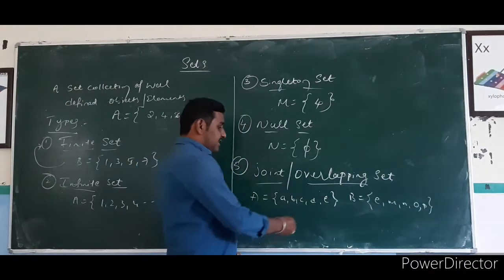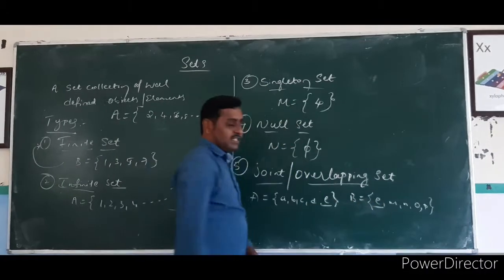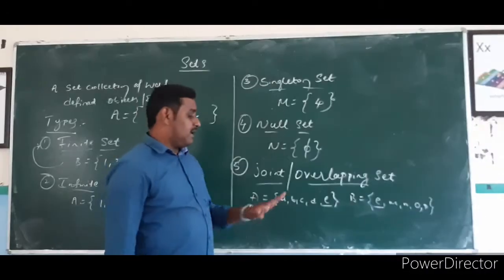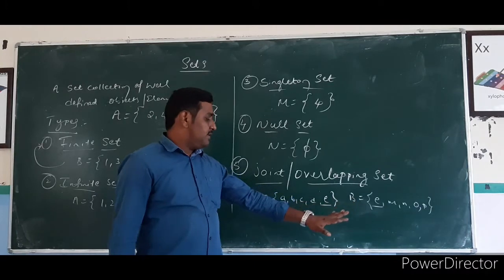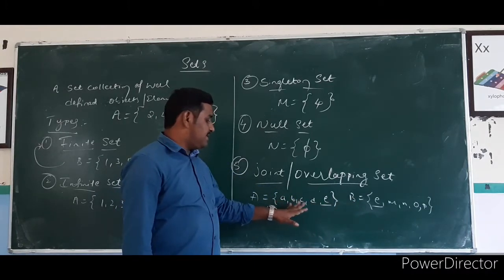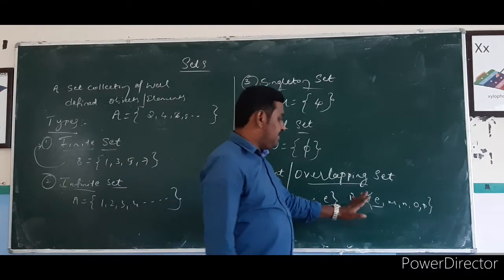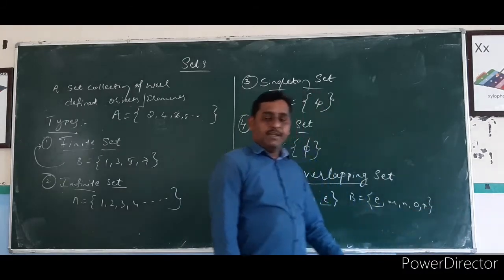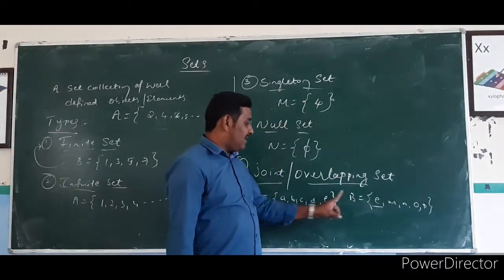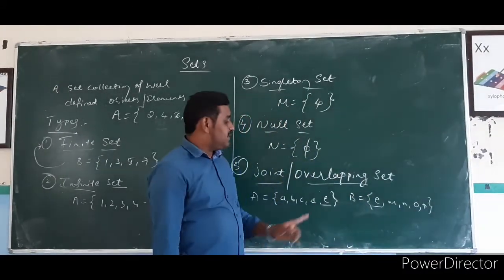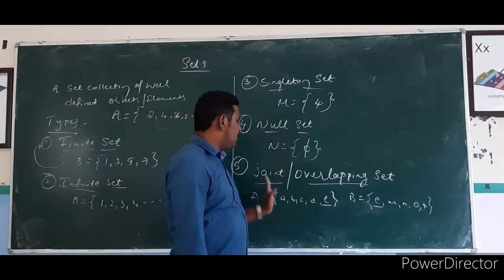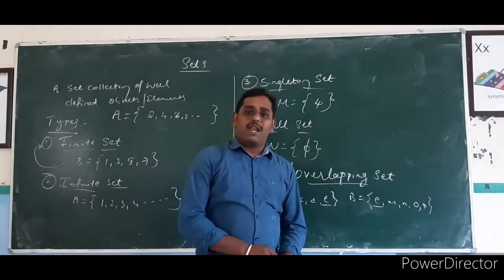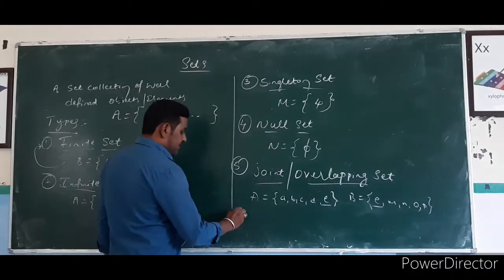Look at this: E is common in both sets A and B. In set A the elements are A, B, C, D, E. In set B the elements are E, M, O, P. If you consider any two sets and one element is common, the two sets we call joint or overlapping sets.